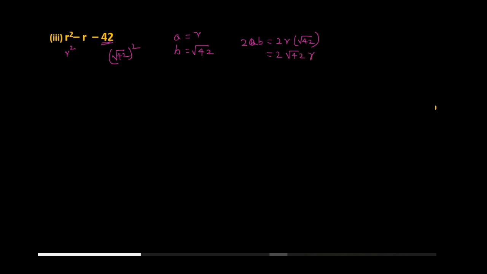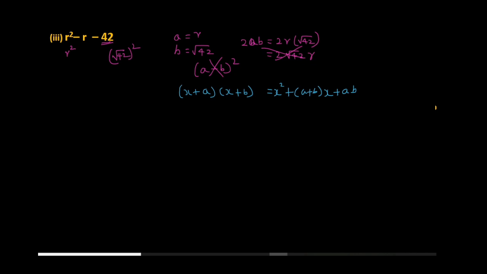But we are not getting this middle term. So we cannot factorize this using (a minus b) the whole square. This is wrong. We have to go with the identity, which is nothing but (x plus a)(x plus b) is x squared plus (a plus b)x plus ab.